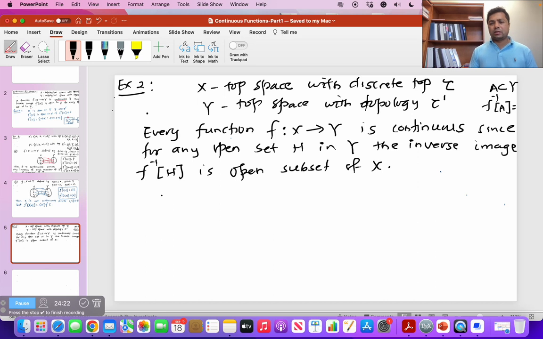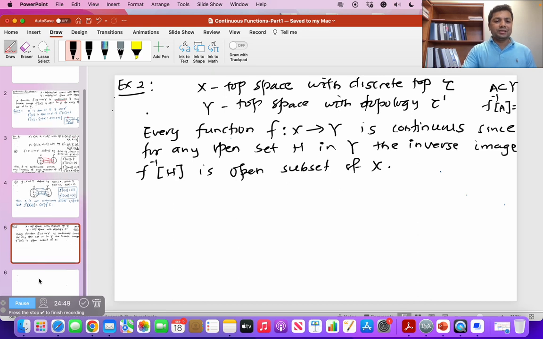So this is a popular example of a continuous function in topology. Here we use the open set to define the topology. If the inverse image of any open set in Y is open in X, then that function is called continuous.